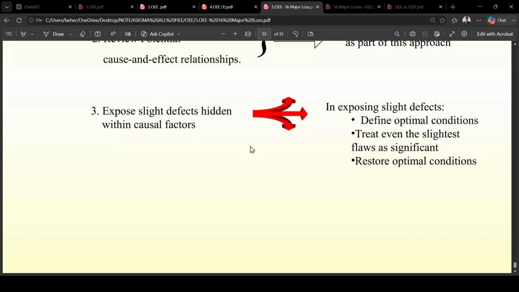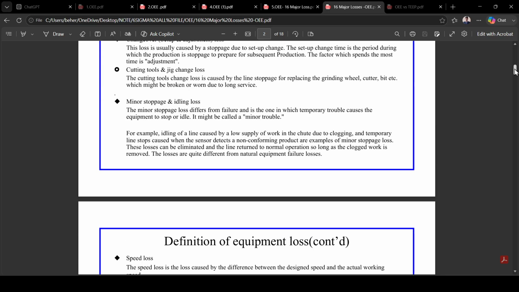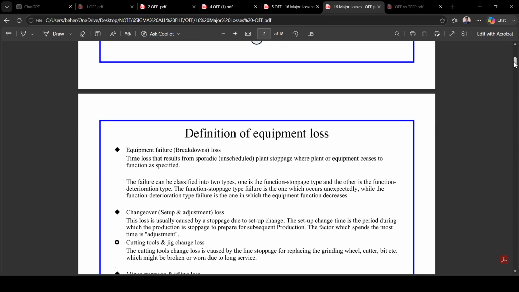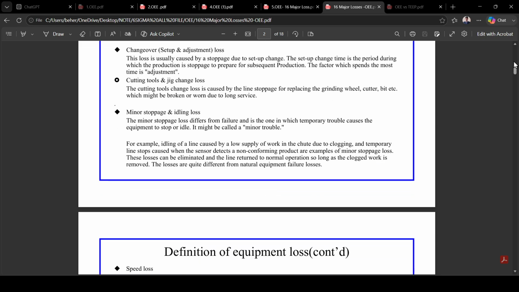And this is the end of this video. Then I will explain the system that measures losses. Then there is also one more video on the 16 major losses. So you can clearly see that image also. I will show you the image.